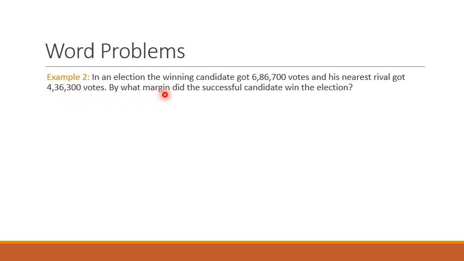By what margin did the successful candidate win the election? Now, here the word margin means the difference between the votes of the winning and losing candidate. So in this example we have to find the difference, that is, we have to subtract. Now let's see the solution.